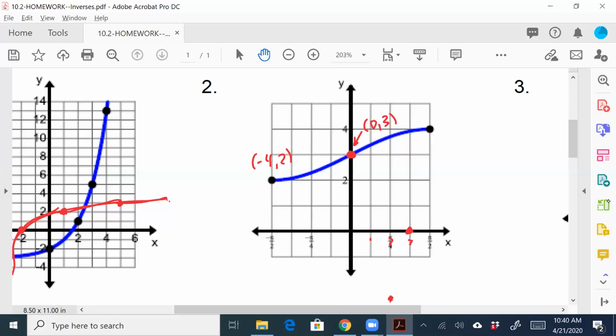And here, 4, 4. When you switch them, it's still 4, 4. So that's what that graph would look like.